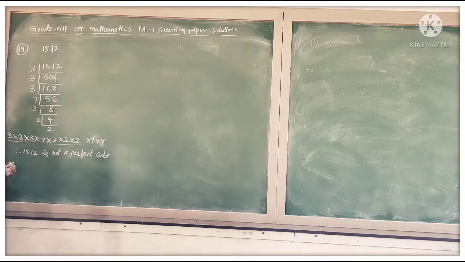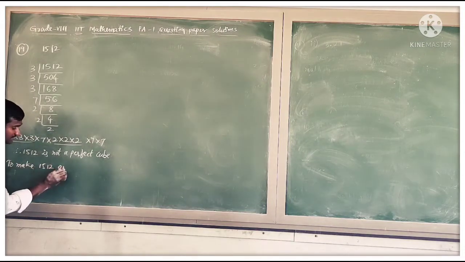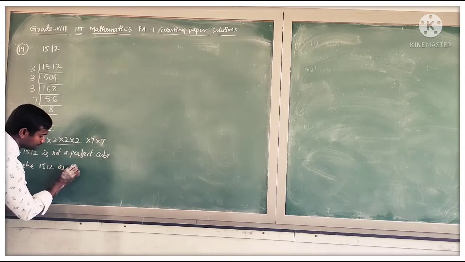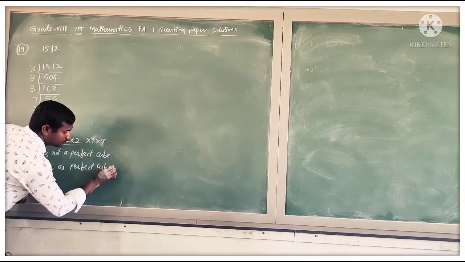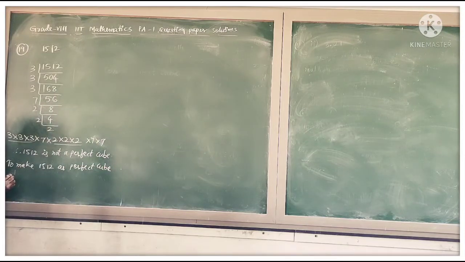Therefore, to make 1512 a perfect cube, we should multiply with 49.